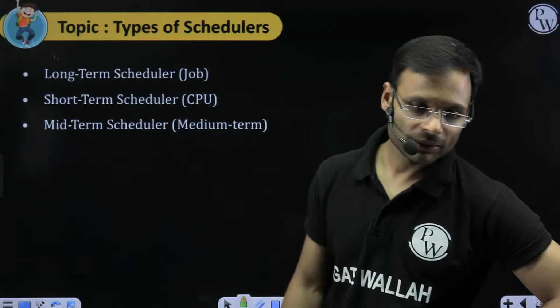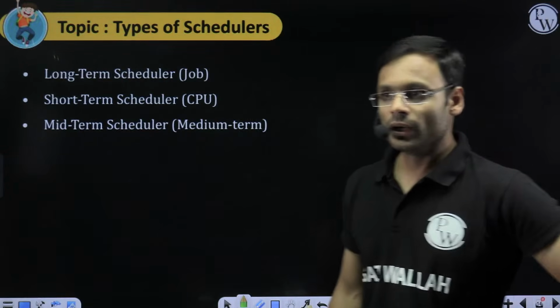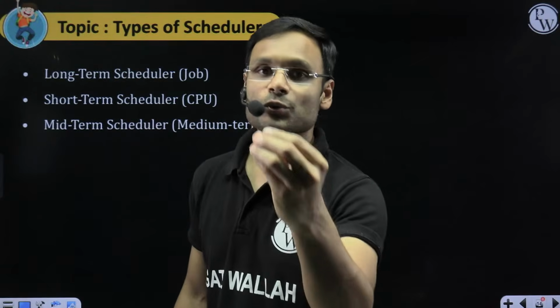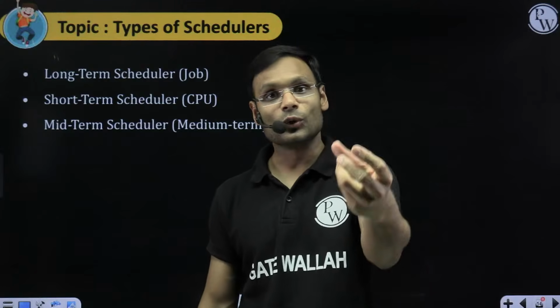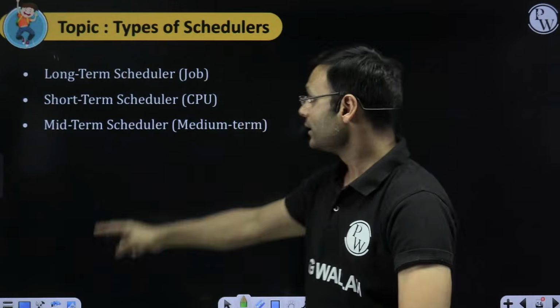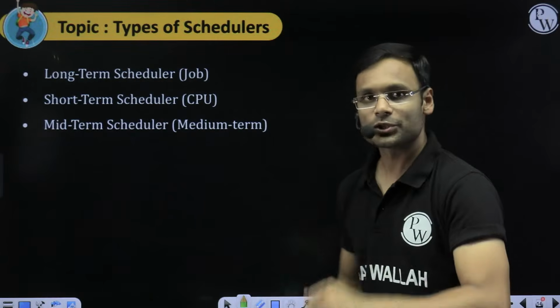Okay, next is the different types of schedulers. So many processes are there in new state. Among them, which process is admitted next to ready state? That particular thing is decided by the long-term scheduler, the job scheduler. Job scheduler or long-term scheduler.